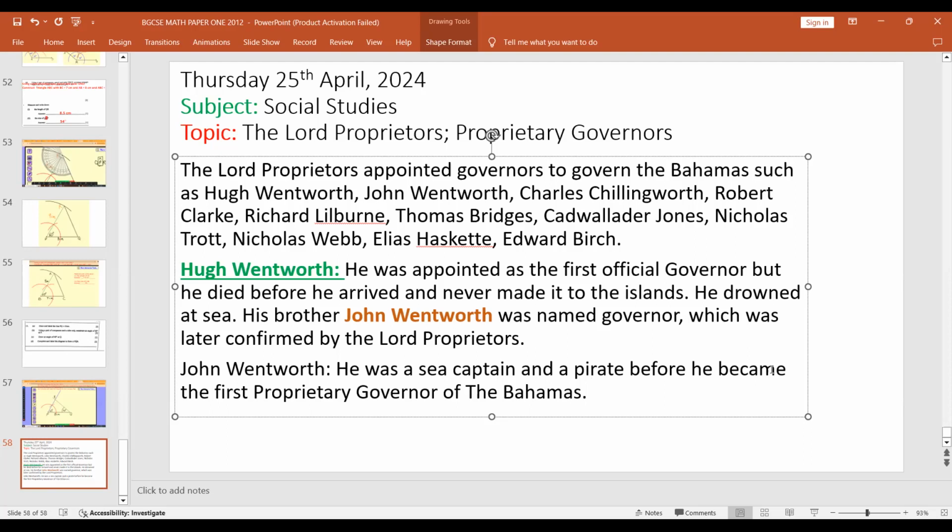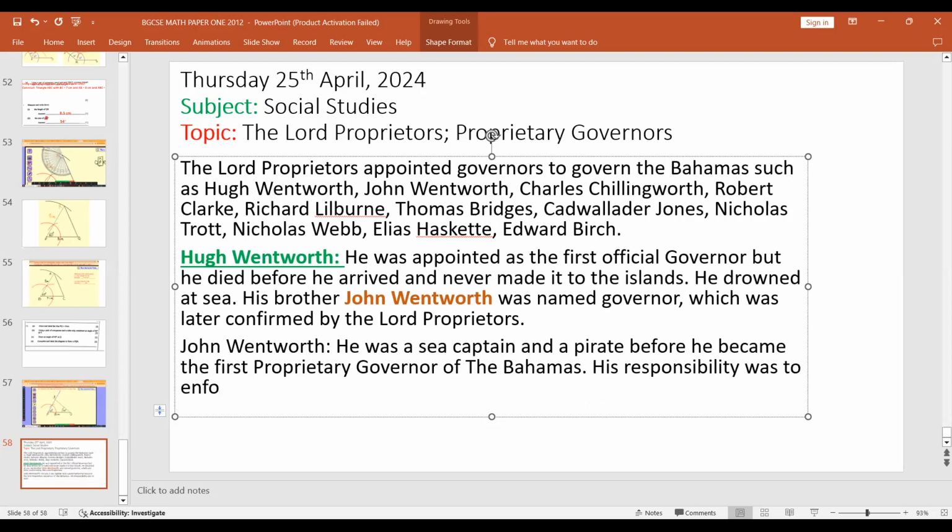Now, his responsibility was to enforce the laws and regulations of the proprietors.